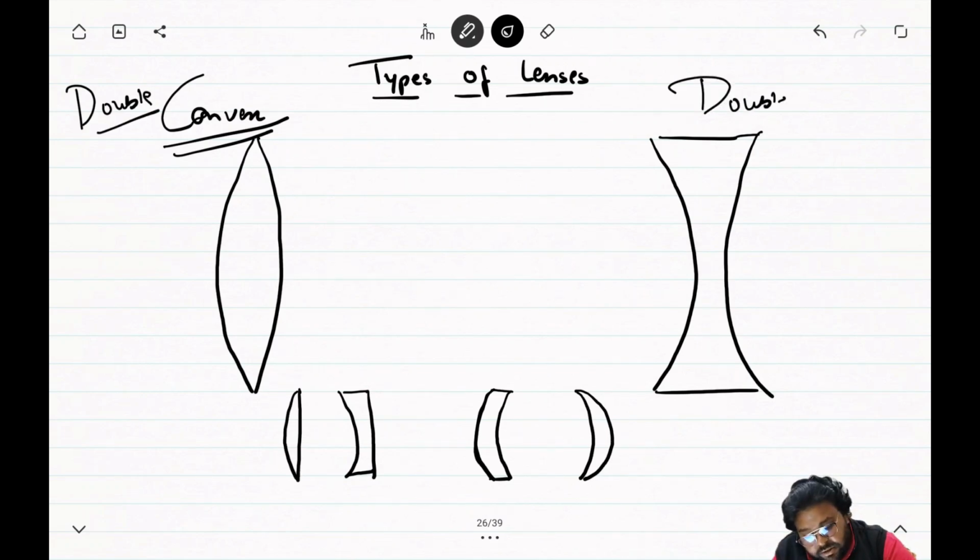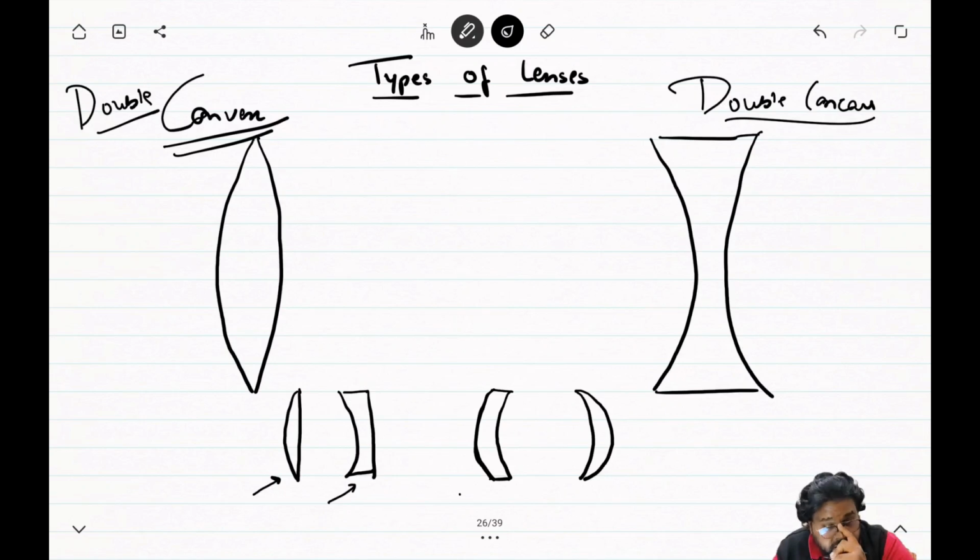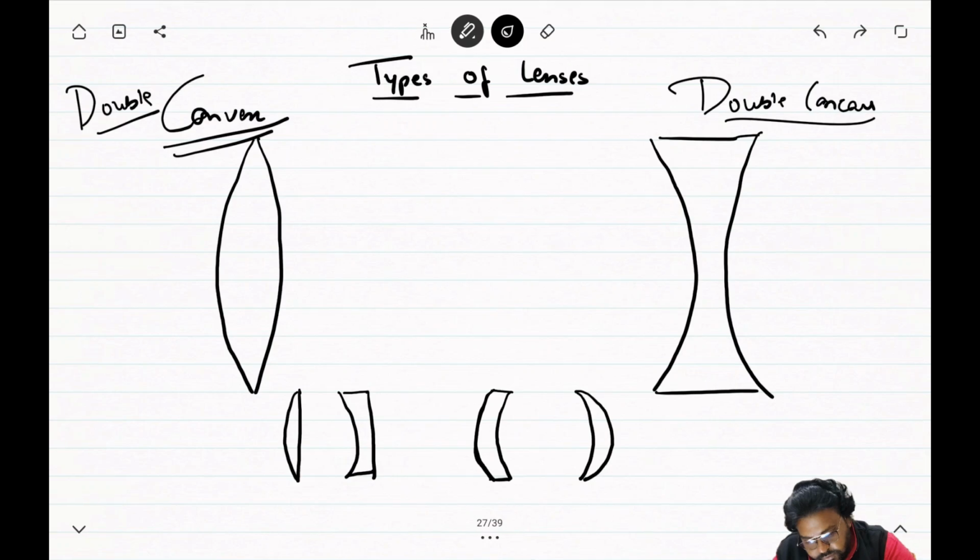Same goes for a double concave lens. Both the surfaces are concave. We also have some types of lenses like plano-convex, plano-concave, concavo-convex, and convexo-concave. But you don't have to study about them, so don't worry.